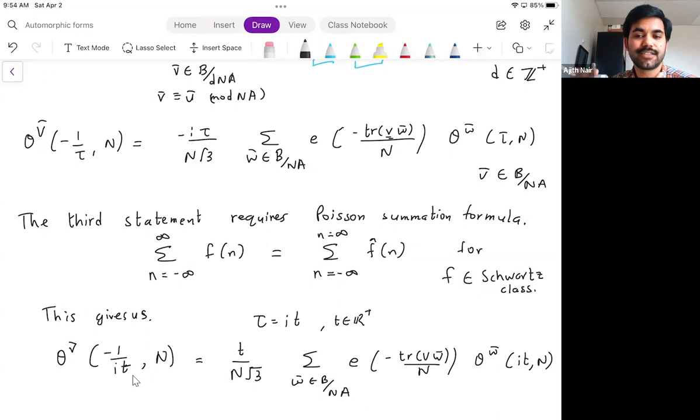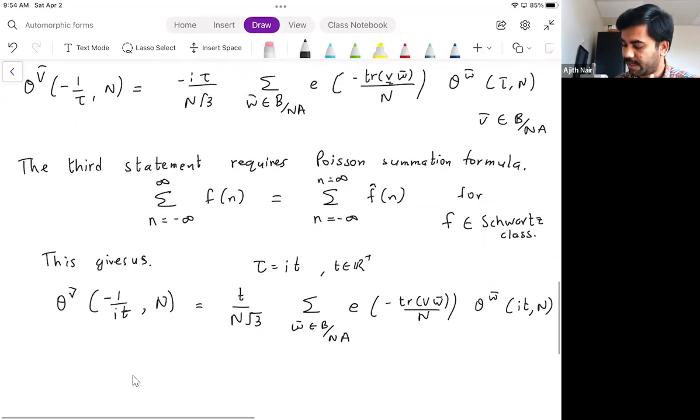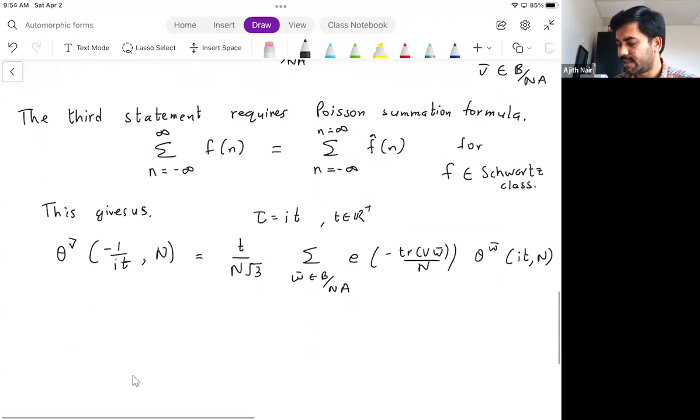The result requires the Poisson summation formula. It's also related to the fact that the Fourier transform of the Gaussian has a suitable property, something like the Fourier transform of the Gaussian being 1 over square root t.